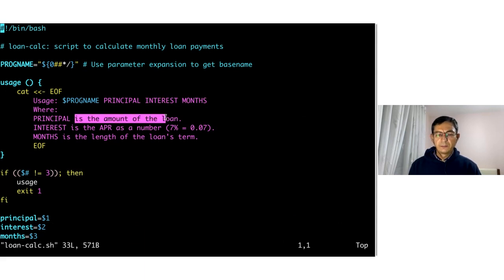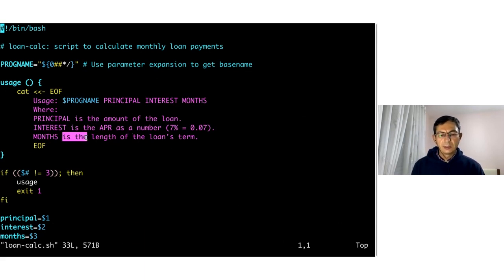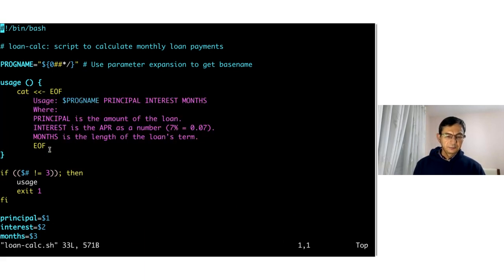Principal is the amount of the loan. Interest is the percentage that has to be paid, and months is the length of the loan's term. So this is how this script is used.